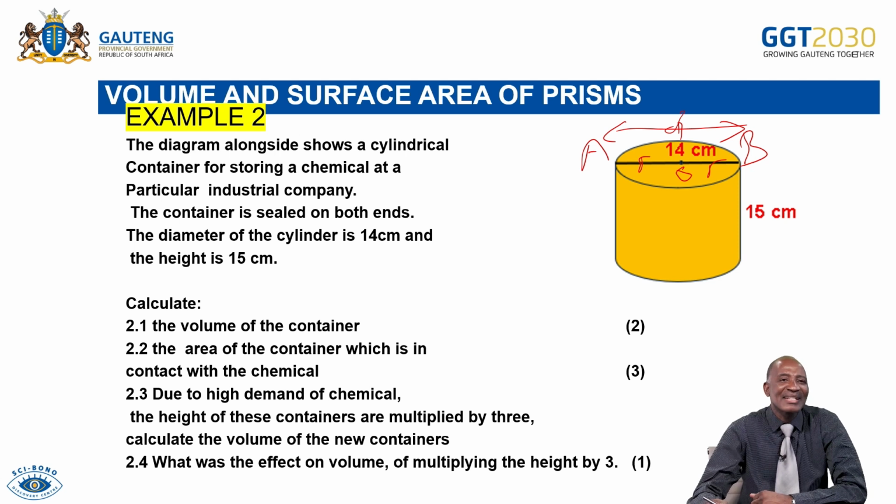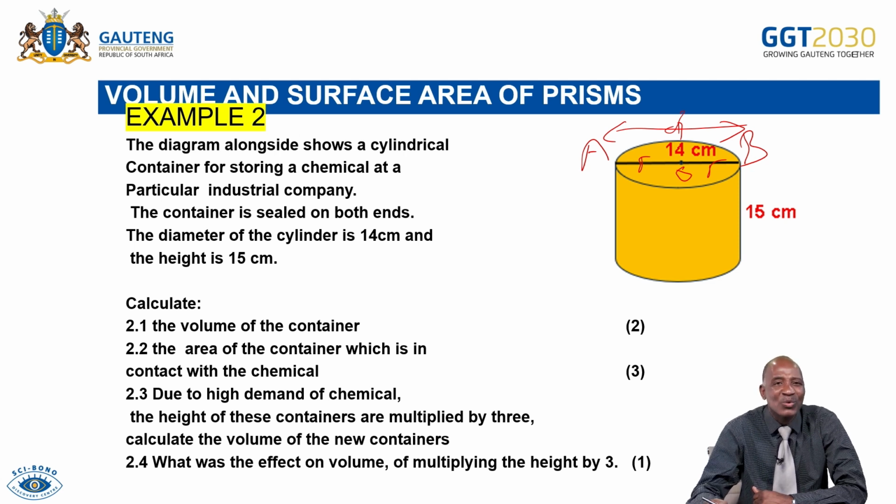Then 2.3 says, due to high demand of the chemical, the height of these containers are multiplied by 3. They are made 3 times higher, which makes it 45 now. Calculate the volume of the new container or the new containers. How much would they hold now?